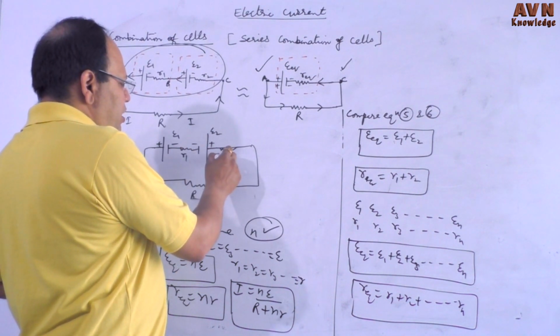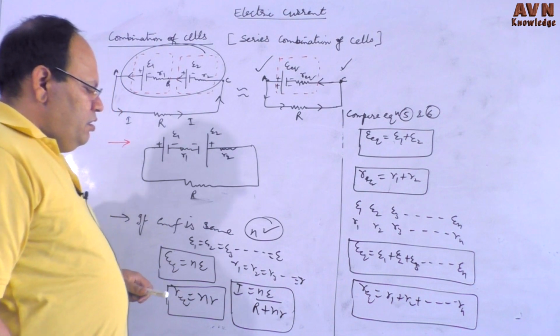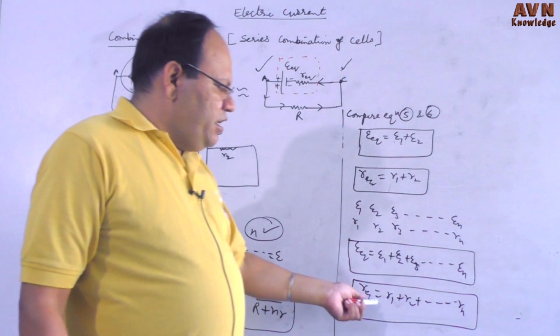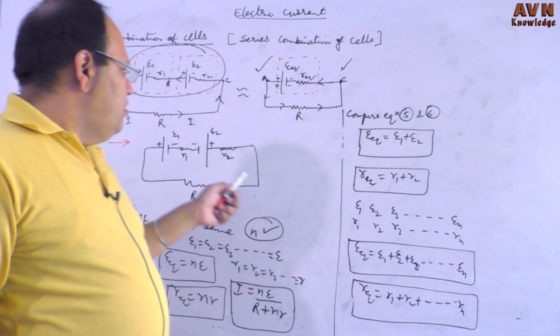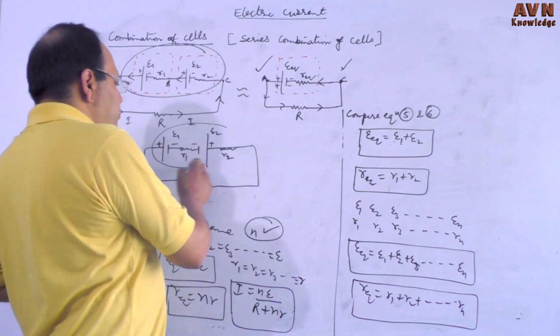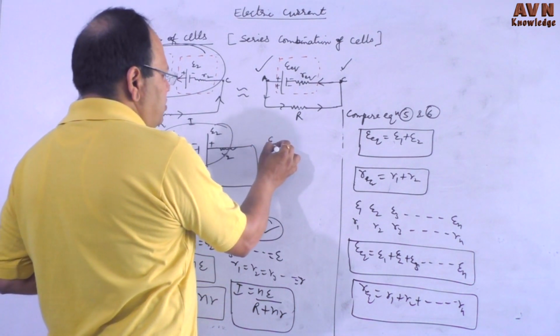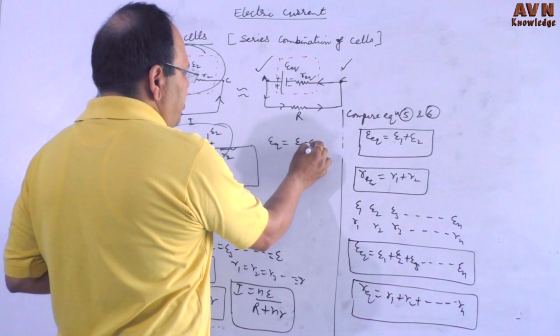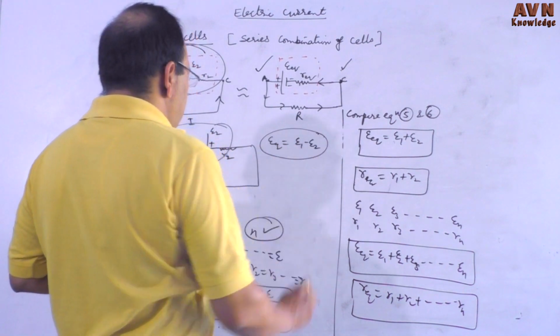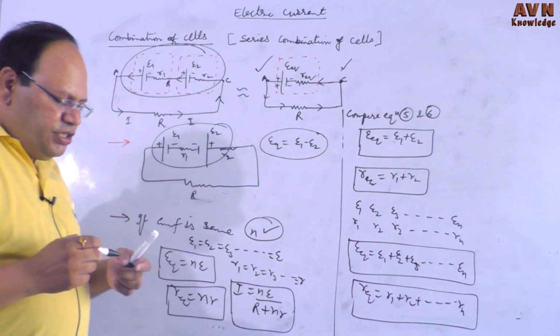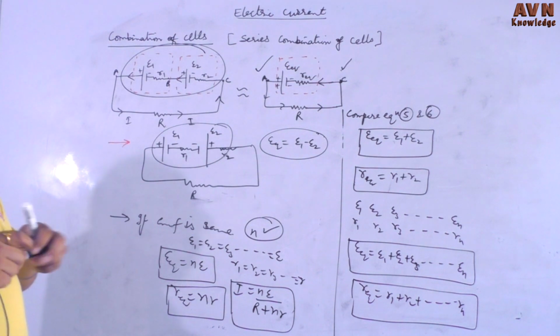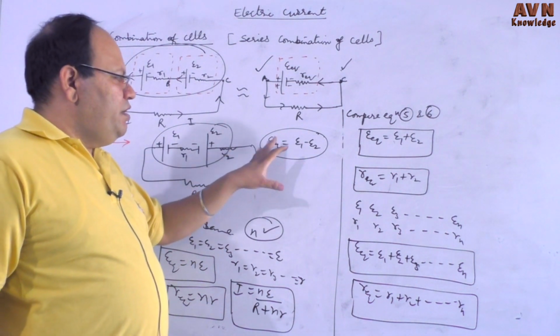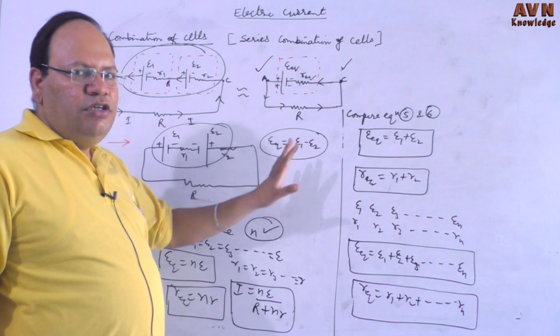R equivalent or E equivalent? Here R equivalent is R1 plus R2 plus R3, but E equivalent will change: it will be E1 minus E2. When the terminal is changed in series combination, the resultant EMF will be E equivalent equal to E1 minus E2.